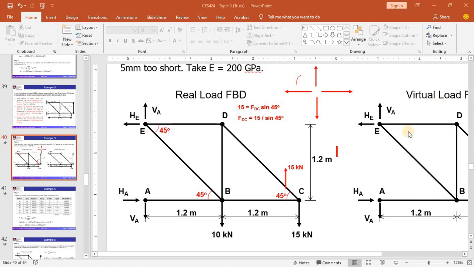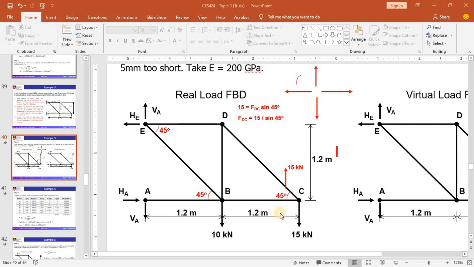Let's look at this particular structure that we used in the previous class to calculate the deflection by using the virtual work method. Looking at this structure, you need to choose a point where the number of unknowns is not more than 2.